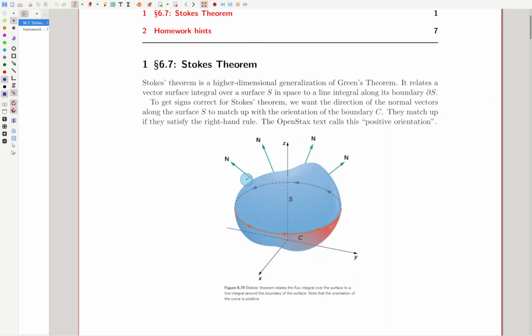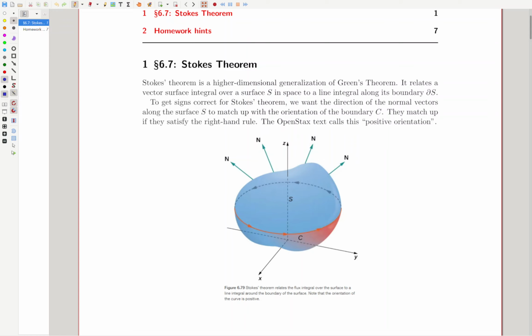If your thumb is pointing in the direction of the normal vector, your fingers will circulate or twist in the direction depicted like this. Your fingers should twist in the direction that you orient the boundary. In this case, the boundary is the curve C here.